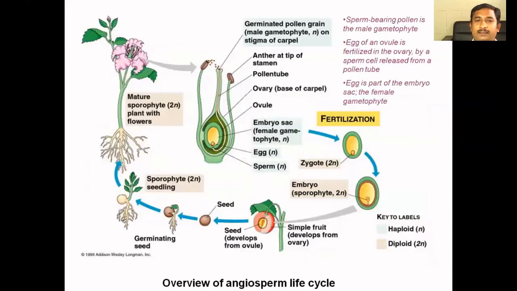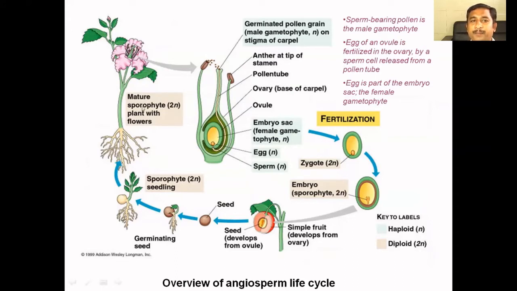Okay, then coming to this, this is how the internal process goes on. If you look into a plant, this is a mature plant, and there is a flower having pollen grains here, and these are the roots.